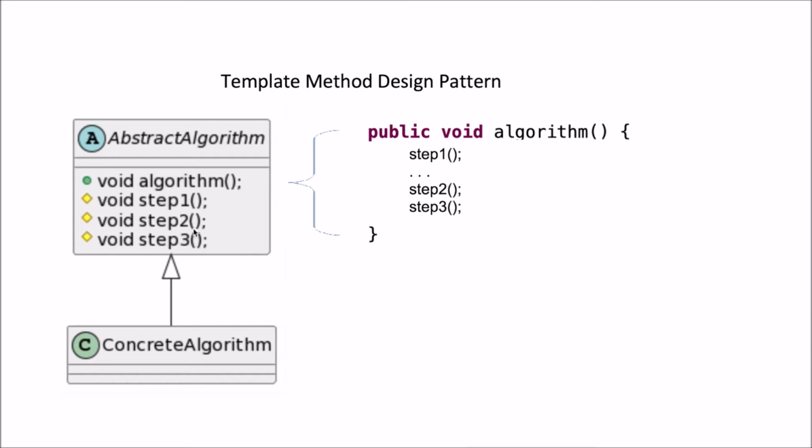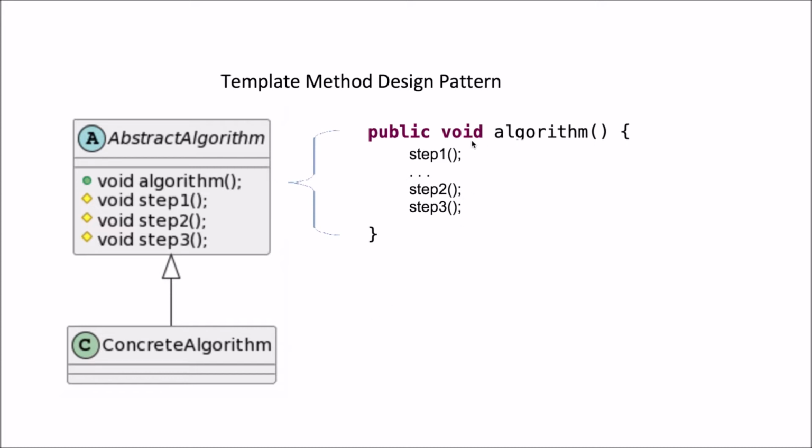If there is already an implementation in the abstract class, the subclass may choose to change that implementation of the algorithm. But the important thing is that the subclass only provides an implementation for individual steps. It does not have to rewrite the entire algorithm.